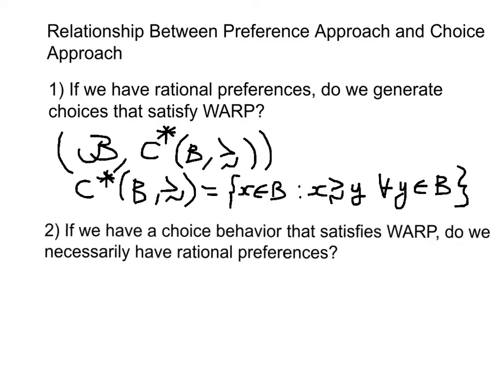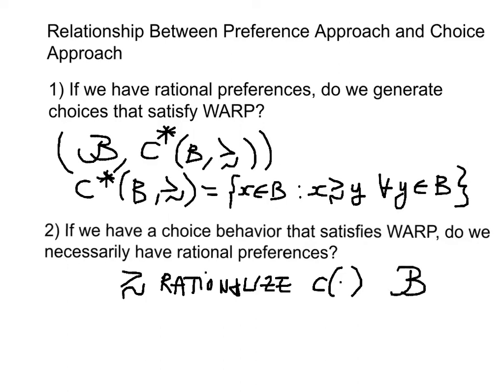Now, we have to define what it means for a preference relation to rationalize a choice structure relative to the set of all budget sets. And we say that for every budget set, the choice set generated by the preference relation will coincide with what's actually chosen.